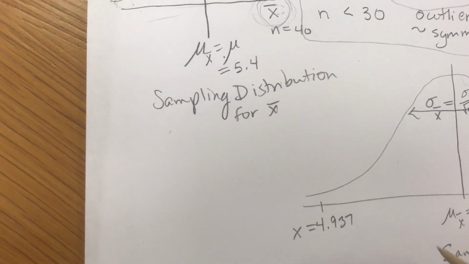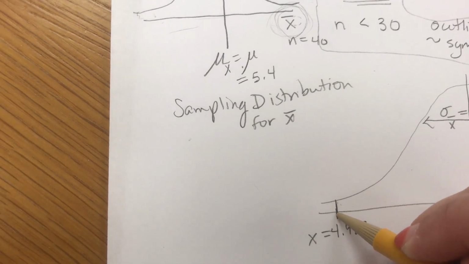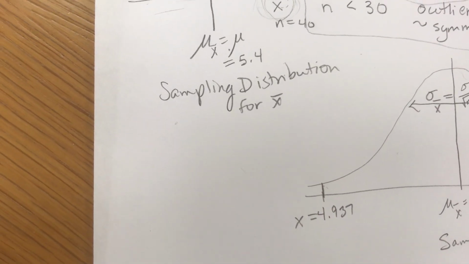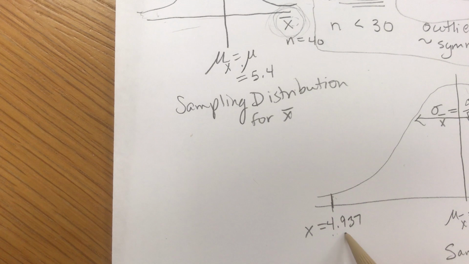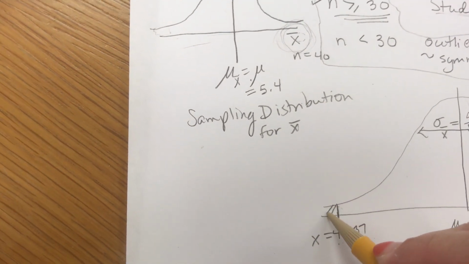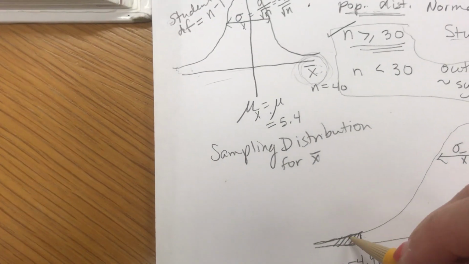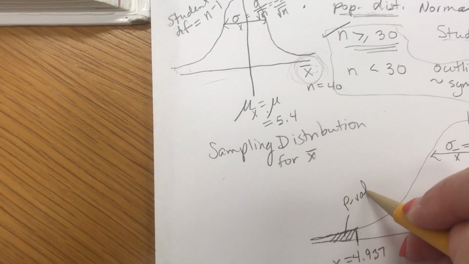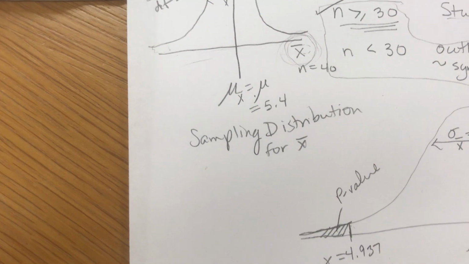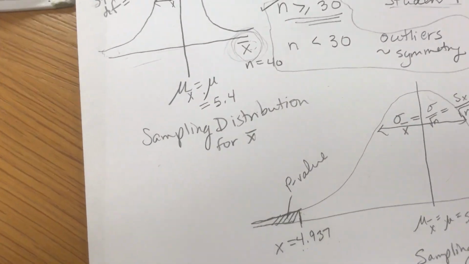And the p-value is the likelihood, not that we're equal to, but that we're equal to 4.937 or more extreme in the direction of what we want. So this is our p-value. This is the area underneath my density curve. This is the probability. It's the strength of my evidence.